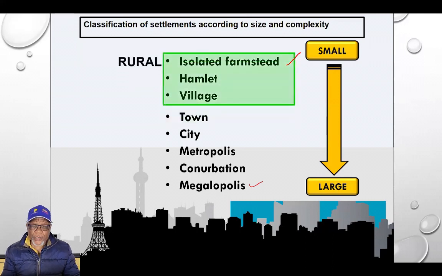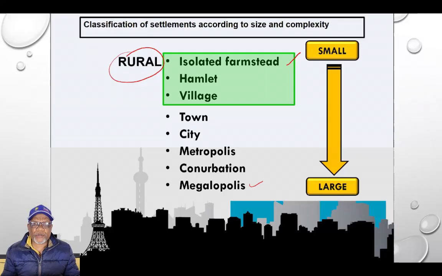Now, when you're looking at the three top settlements there, isolated farmstead, hamlet, village, all these can also be categorized as being rural settlement. But then rural settlement, remember, is a classification according to function. When you say a settlement is rural, we are simply classifying it according to function.